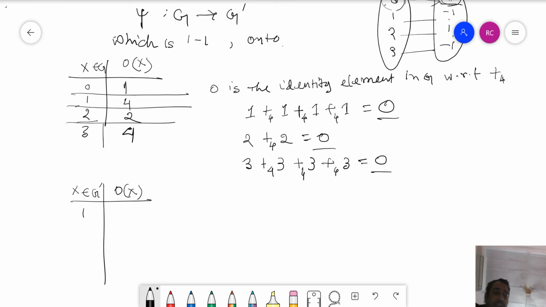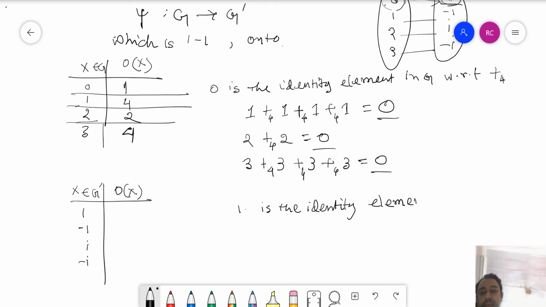So the elements are 1, minus 1, i, and minus i. Now 1 is the identity element, so the order of 1 is 1.